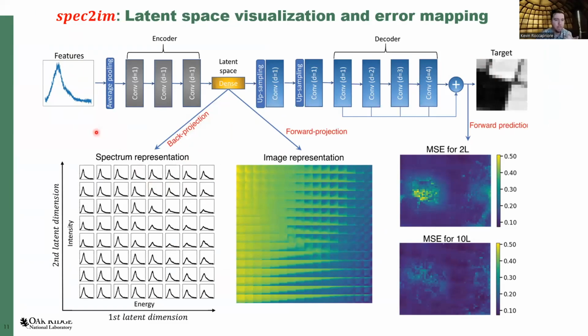Naturally, it's difficult to go from a one-dimensional space to a two-dimensional space with high fidelity, but we can see what we can do anyway. Again, we can do these back and forward projections to understand what this latent space looks like from these spectral or image representations. And again, it's a little bit more diffuse in that sense.